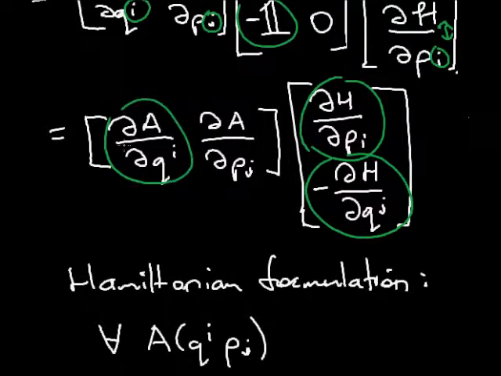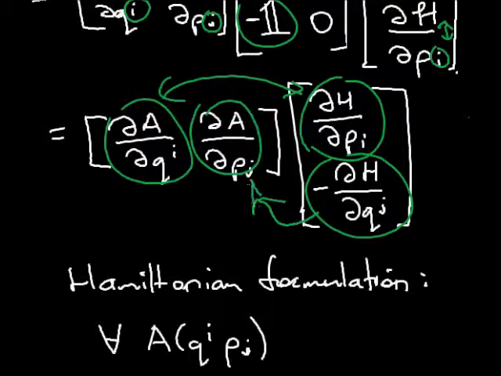So to multiply with a row matrix gives a dot product where the first n terms are momentum derivatives times position derivatives with a minus sign, and the other n terms are position derivatives times the momentum derivatives with a plus sign, which is exactly how we defined the Poisson bracket in the first place.